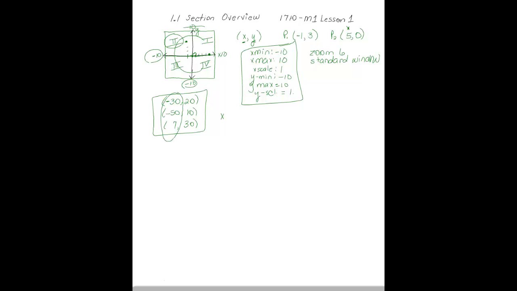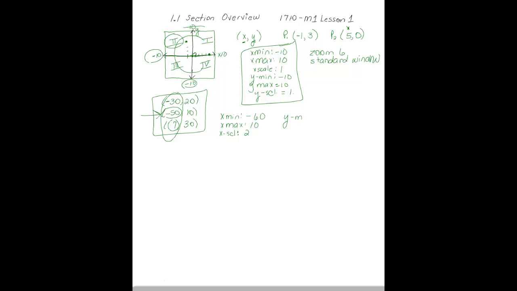So one viewing window that would work, I could set my x-min to be, let's say, negative 60. I'll go a little bit lower than my lowest x. Now my x-max for this particular point needs to be 7 or larger, so I can let it be 10. And my x-scale could be what I'm going to count by on the tick mark, so I can let it be, say, 2.